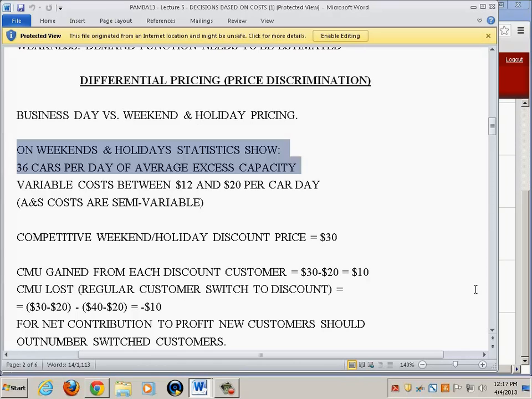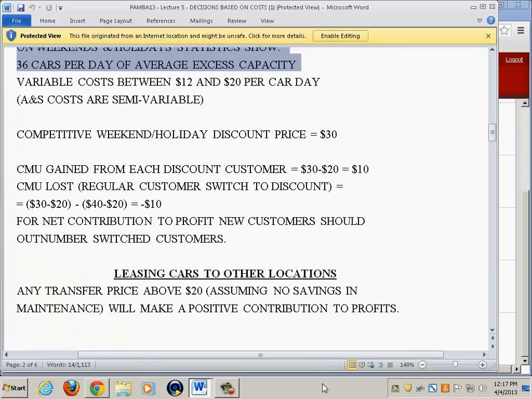So another complicating factor here is that when you sell car days at a discount on holidays or weekends, say you charge $30 per car day, you have to make sure that you're selling it to a customer that would not have rented the car at the regular $43.